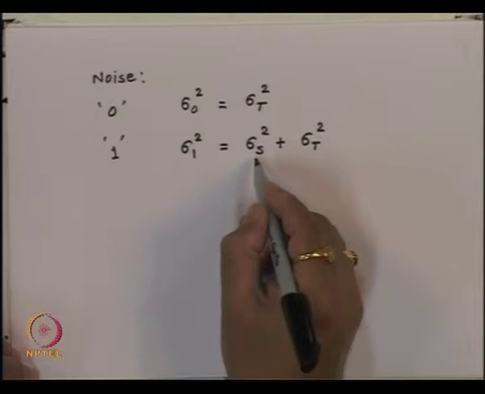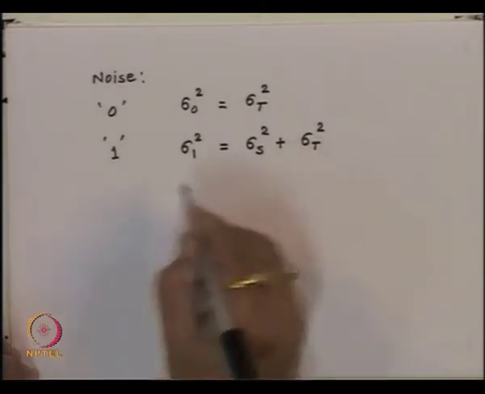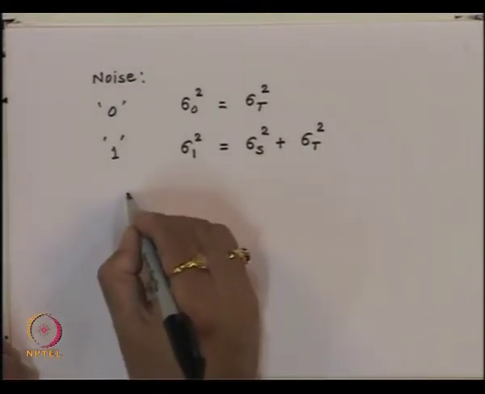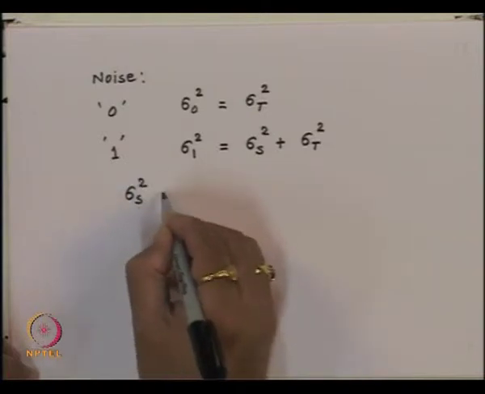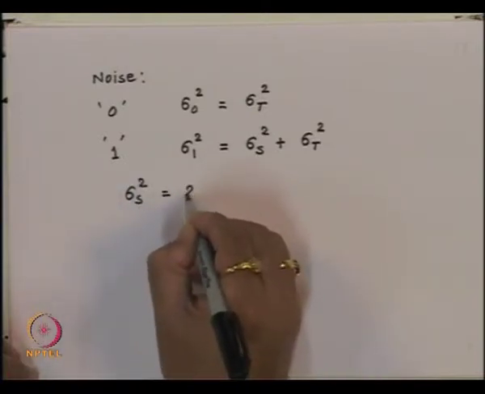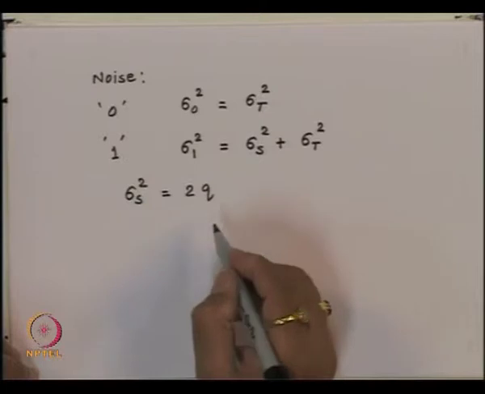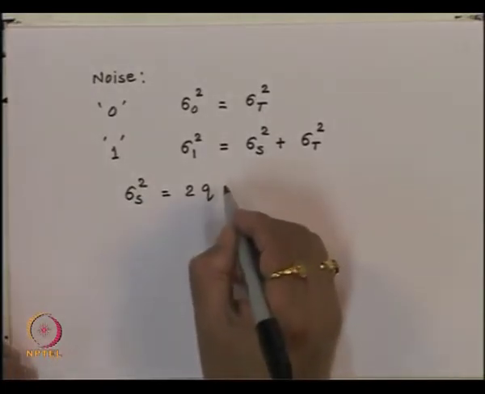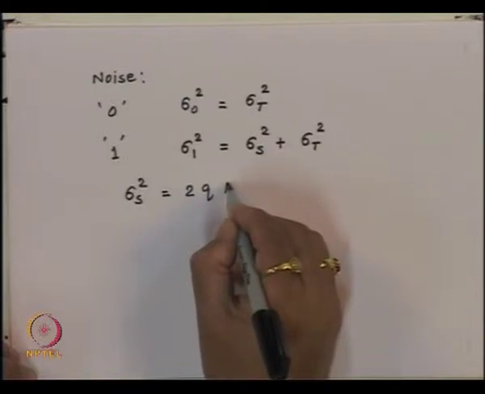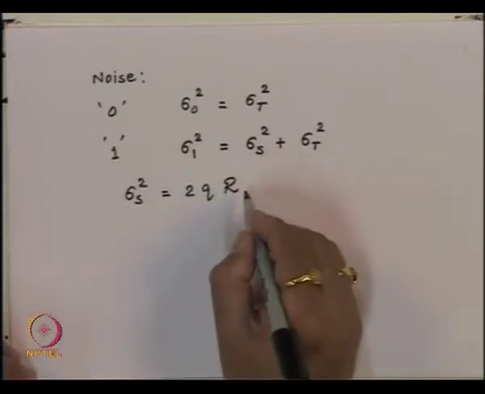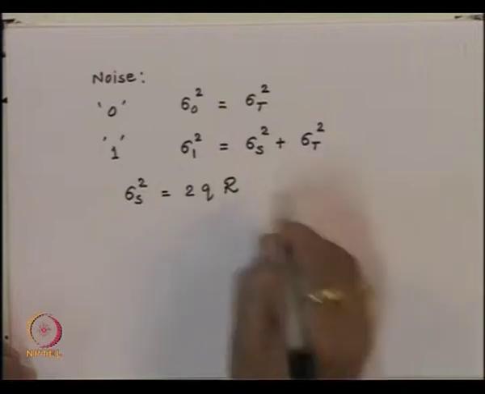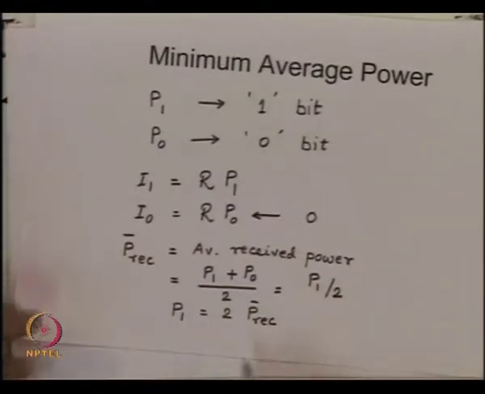And we have seen that this quantity sigma s square is given by 2 times q, where q is the carrier charge, into responsivity into P1, but we have seen that P1 now is 2 times this P average received.